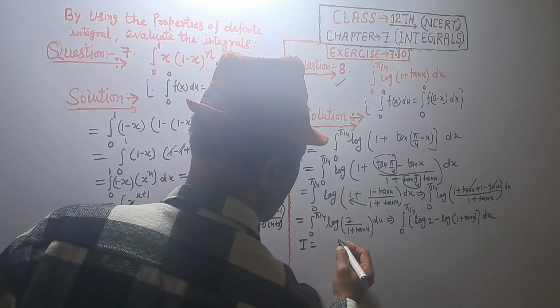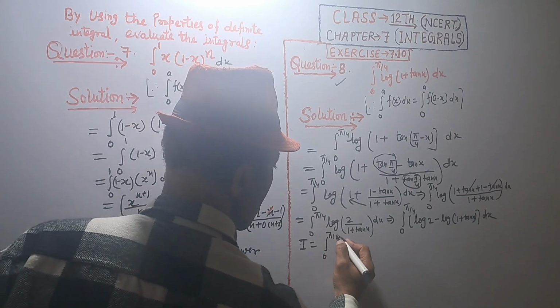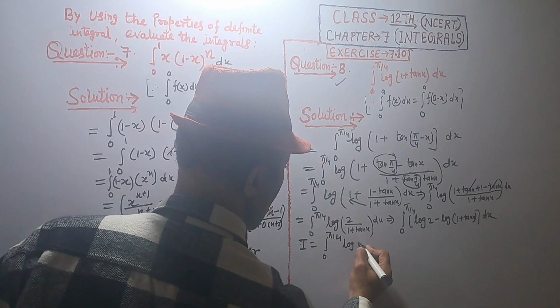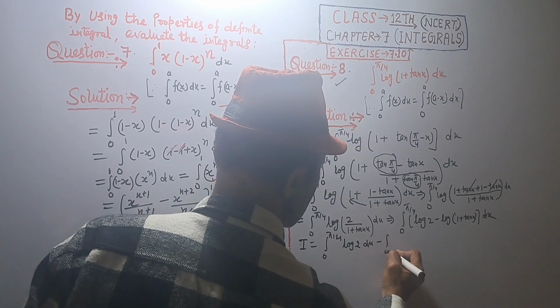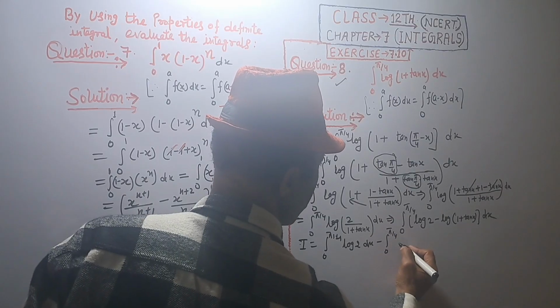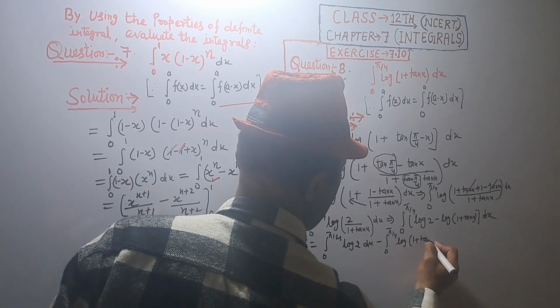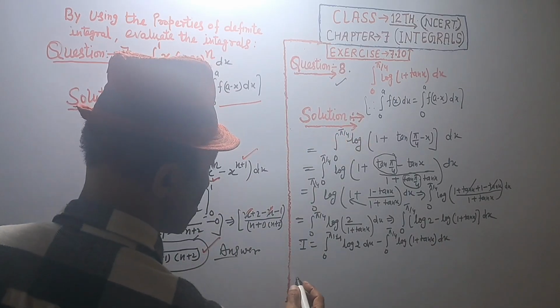I is equal to integral 0 to pi upon 4 of log of 2 dx minus integral 0 to pi upon 4 of log of (1 plus tan x) dx.